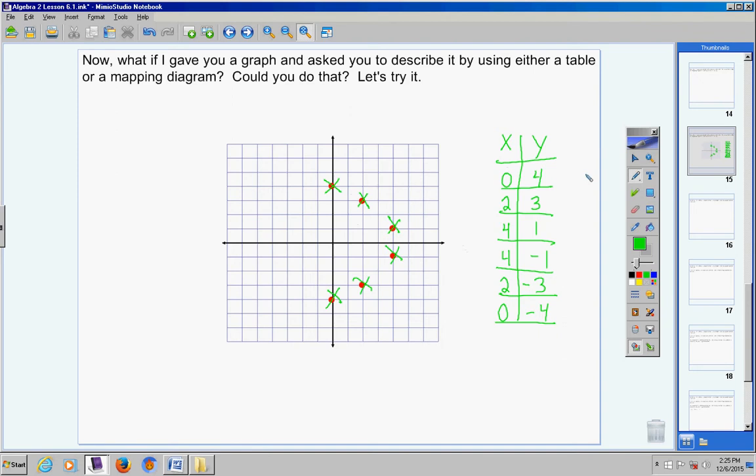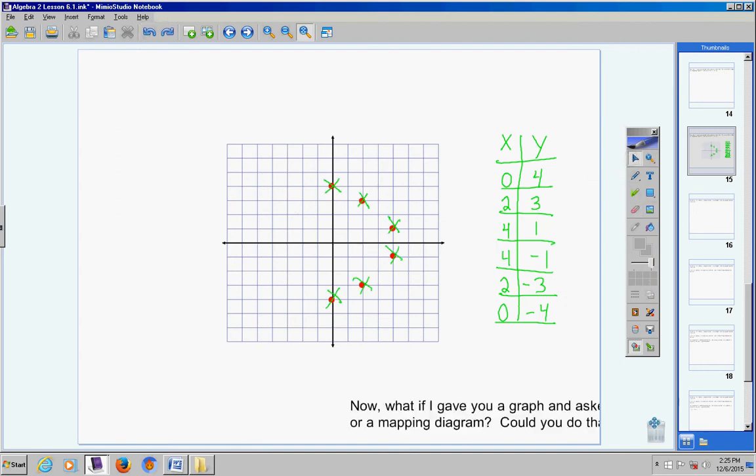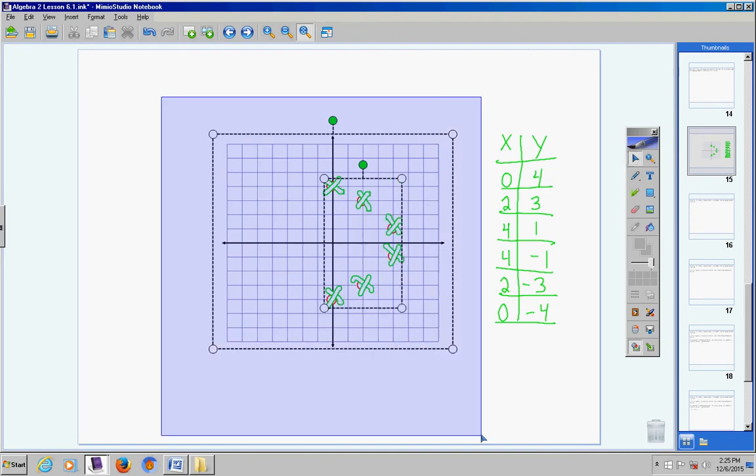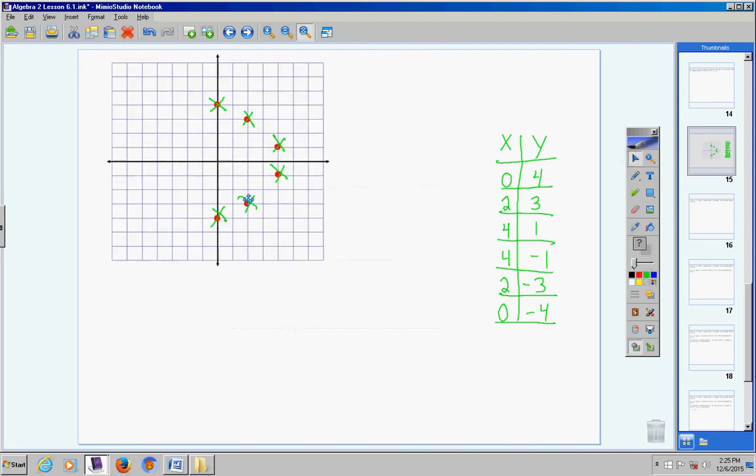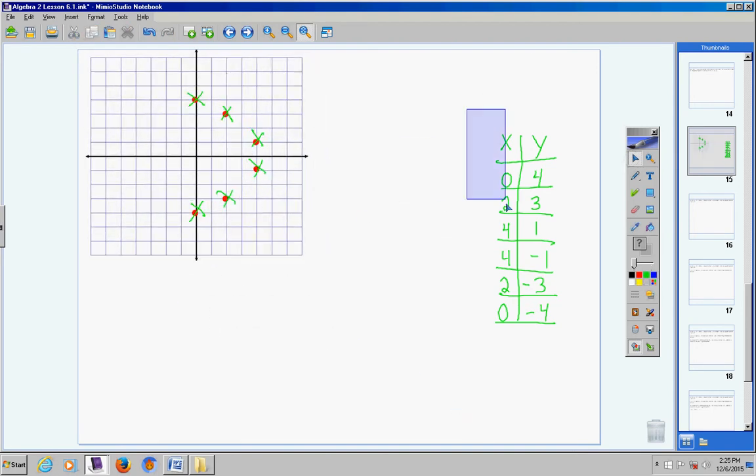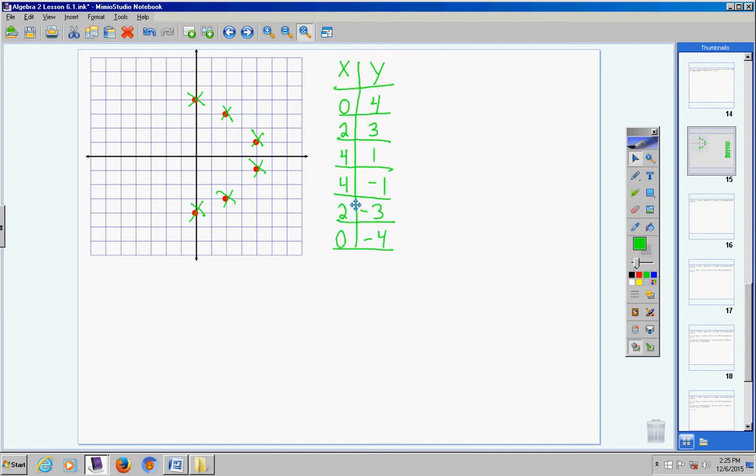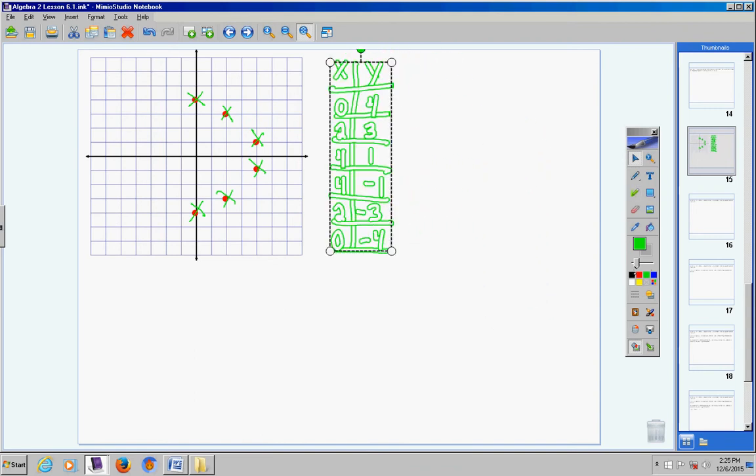Now, let's describe this graph using a mapping diagram. Okay, so here we go. Let's take this graph and draw or write a mapping diagram. So here we go.